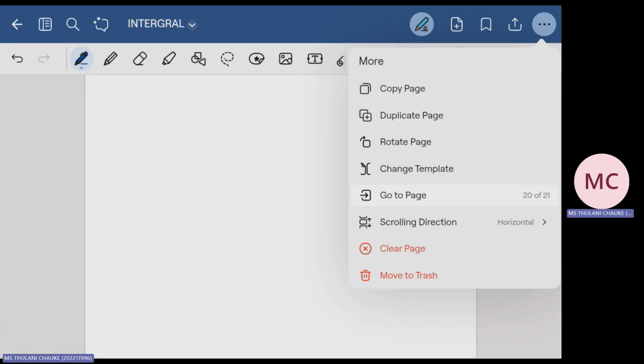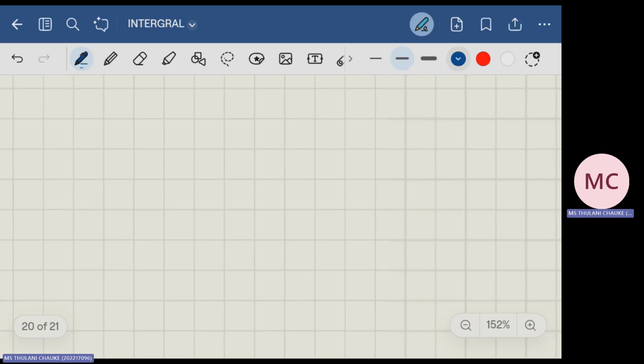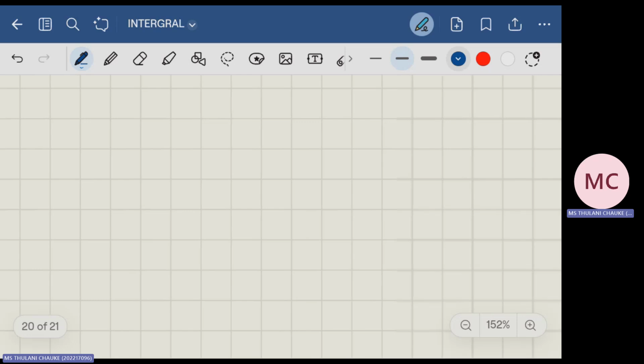Let's see, change page. This one is fine. So now we go to integration by parts. Substitution, those ones you will do. For parts, the integral of u dv is equal to uv minus the integral of v du.